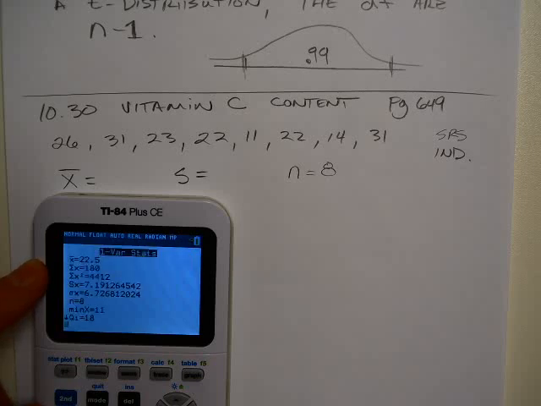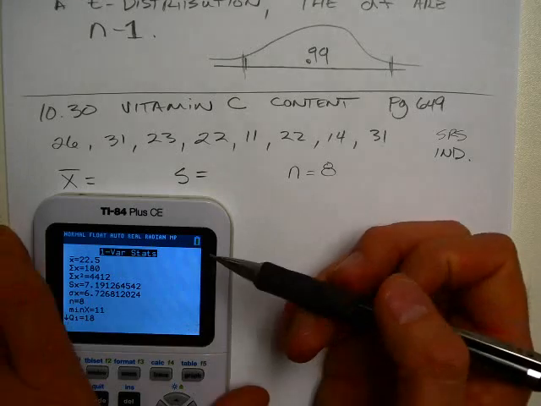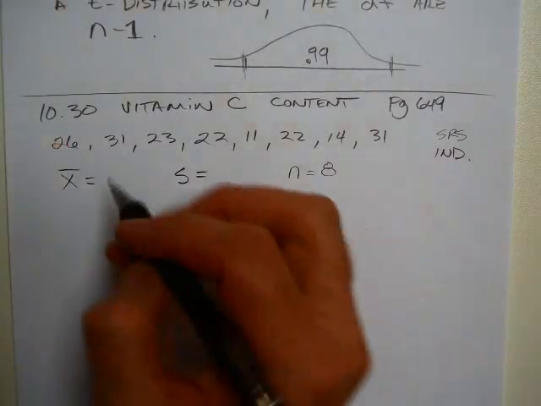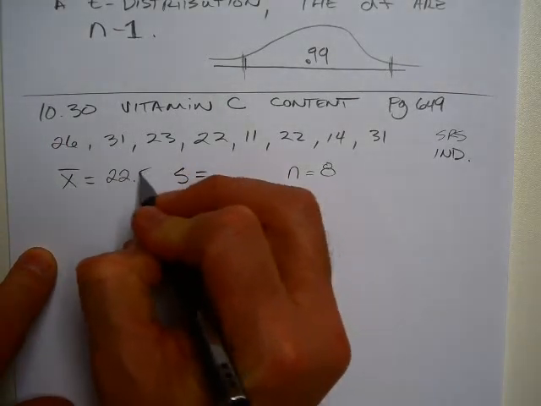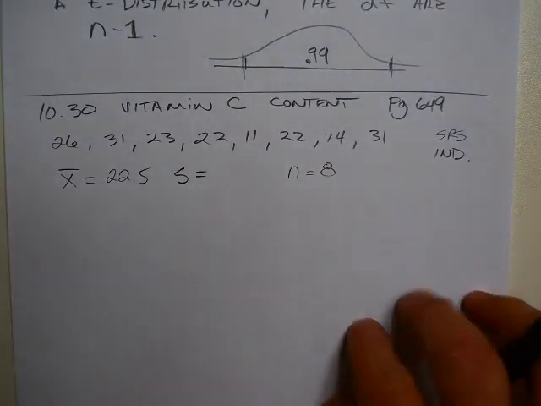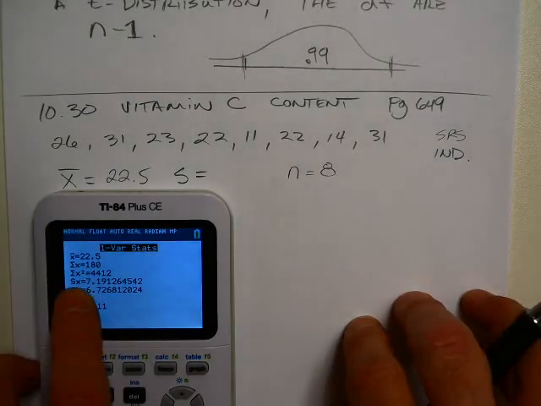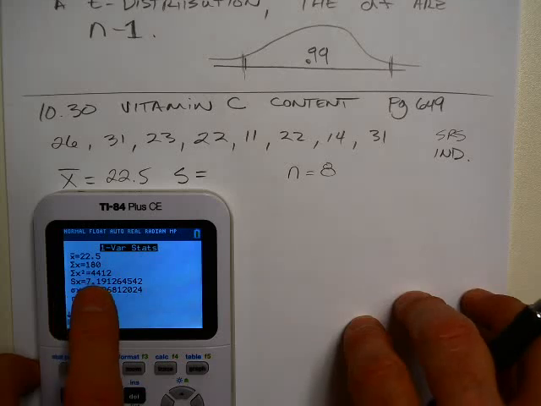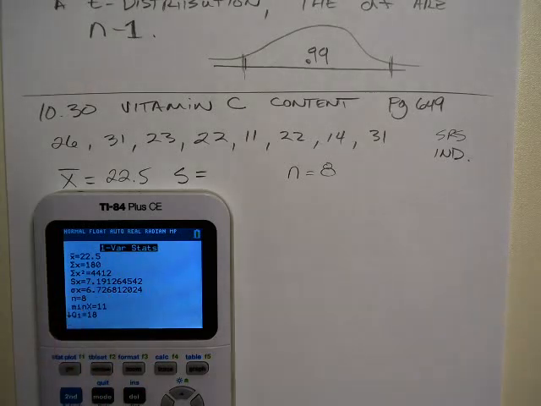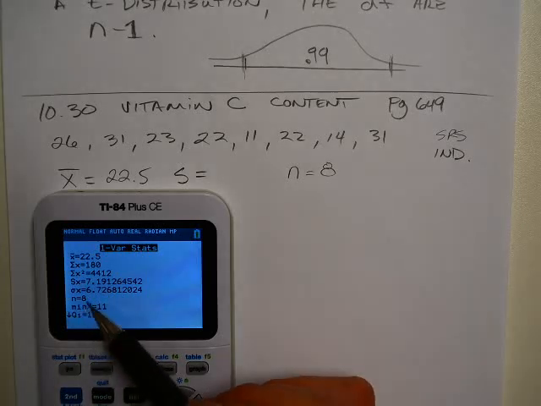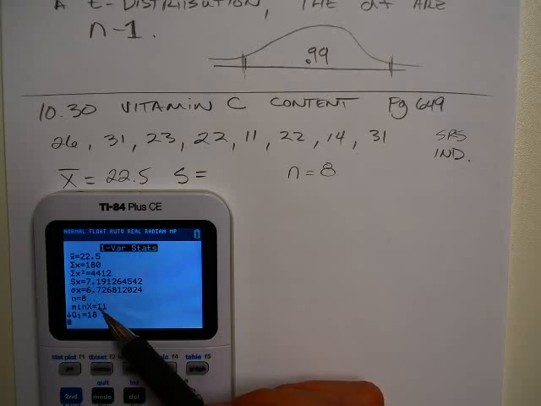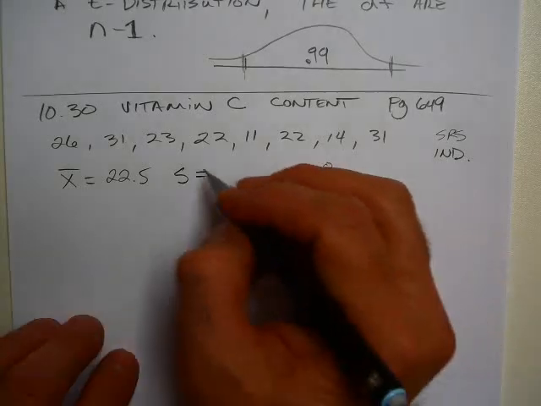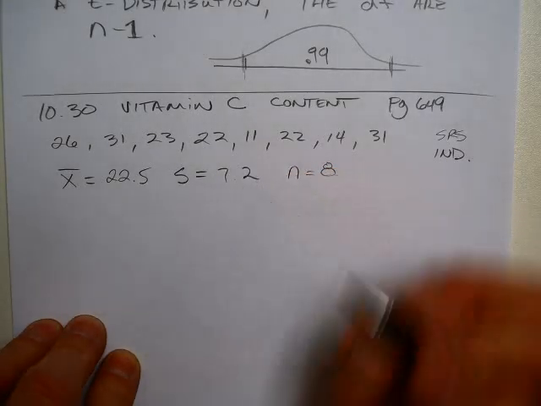And we calculate, and we've got X bar is 22.5, and Sx. Now, Sx is the standard deviation S. It's about 7.2. It also gives this sigma value. We don't ever use this. Don't use this one here. You might go, oh, there's sigma, I can use the Z. No, no. If you've calculated it, go with the S.